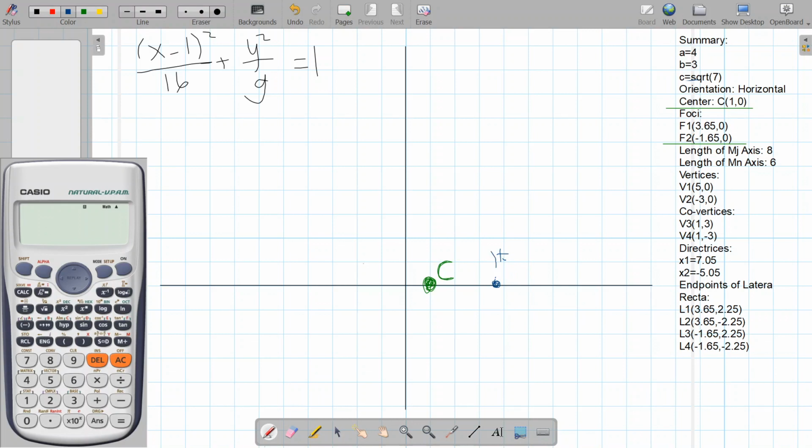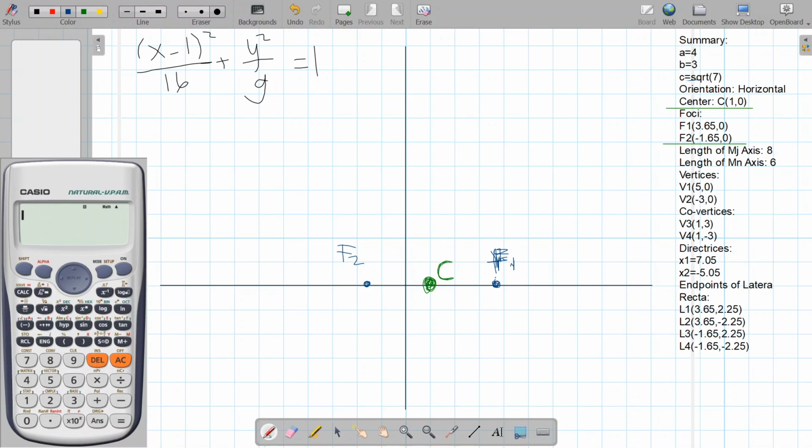Sorry, I can't write properly. How about F2? It's negative 1.65. We have 1 here, and 1.65 is a little more, so it's somewhere here. By the way, there is no movement in the vertical axis because the vertical part is 0. So this is F2. Okay, we're done.